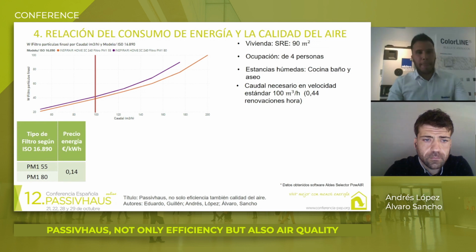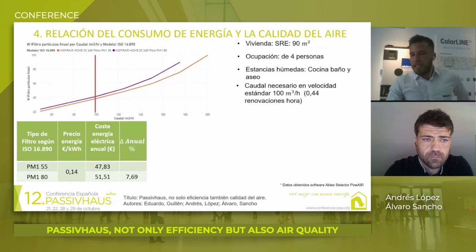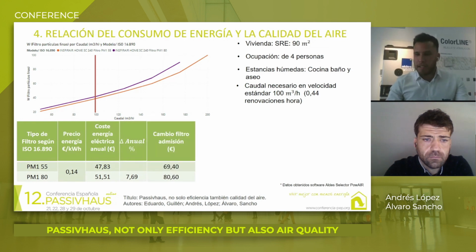In the following table, we present an example for this home, taking into account an energy price of 0.14 per kilowatt-hour. The increase in consumption was 7.69%. Furthermore, this would represent an annual cost increase of 4 euros in energy, without taking into account recovery.